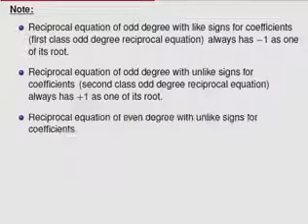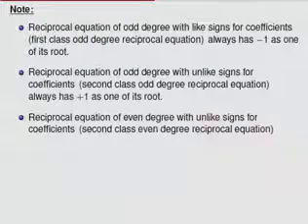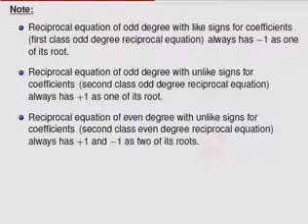Next, a reciprocal equation of even degree with unlike signs for coefficients, that is a second class even degree reciprocal equation, always has plus 1 and minus 1 as two of its roots. It is a second class even degree reciprocal equation.